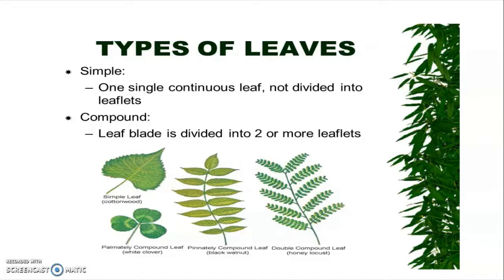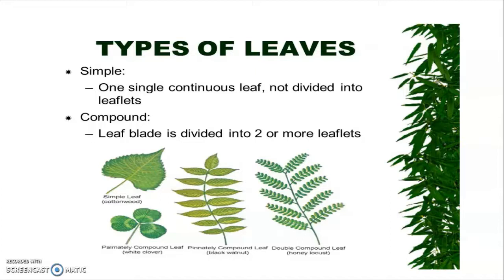As you can see in the picture, the lower part shows samples of leaves. Now we have the simple leaf and the compound leaf. The simple leaf is a continuous leaf, like one leaf not divided. The compound leaf is divided into two or more leaflets.